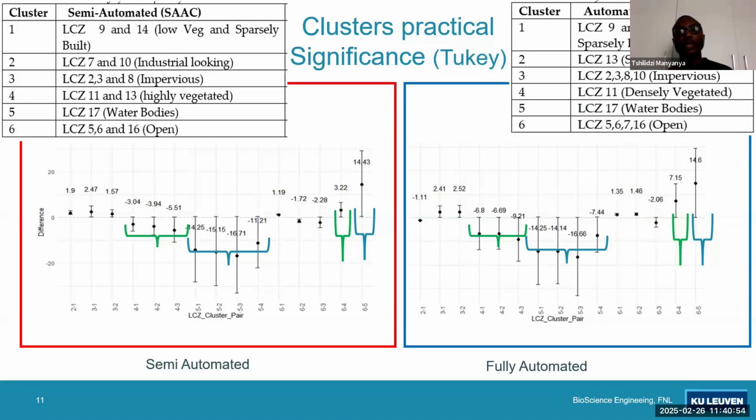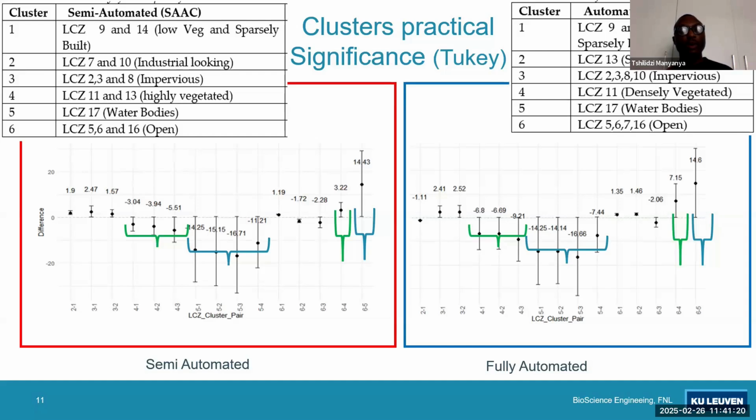And even from there, you can already tell that the pairs that are associated with cluster 5, which is the water bodies, have a great difference in that it does not appear to look like any other cluster. So the temperature disparities are much wider.